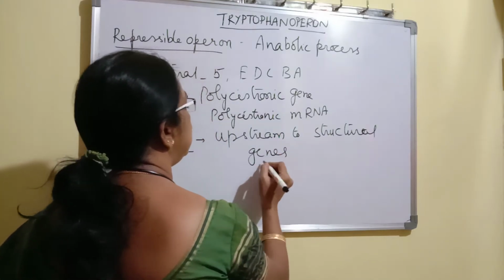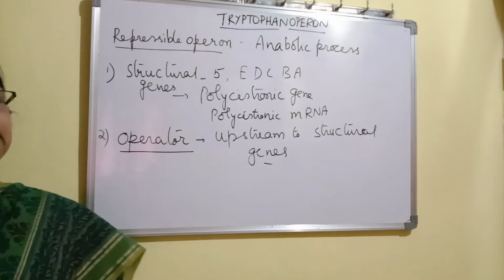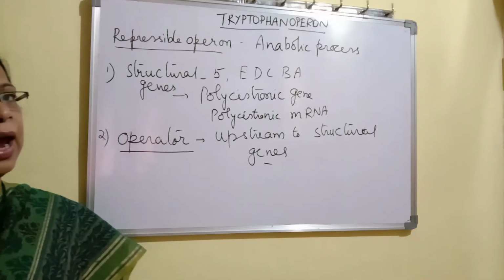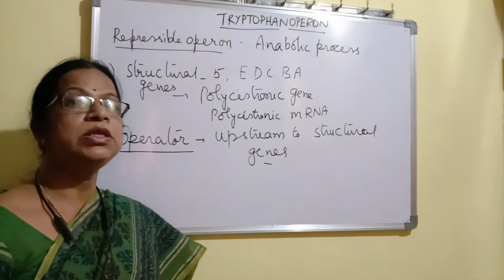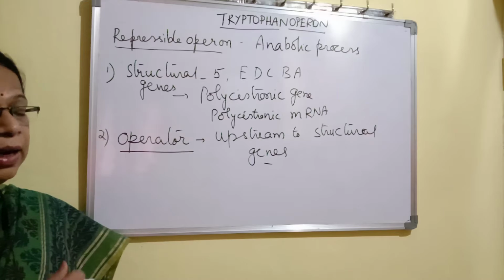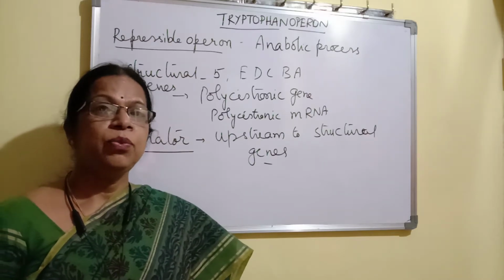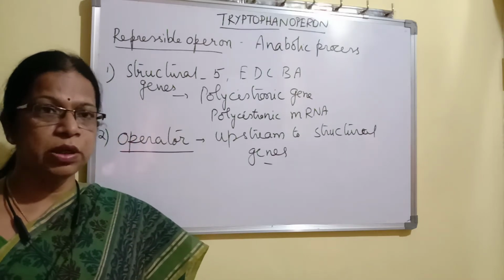Upstream position, as you already know, is towards the 5' end of the coding strand. This operator gene will always be in a functional state unless the end product, tryptophan, accumulates, which will block the operator. How it blocks, we are going to see.